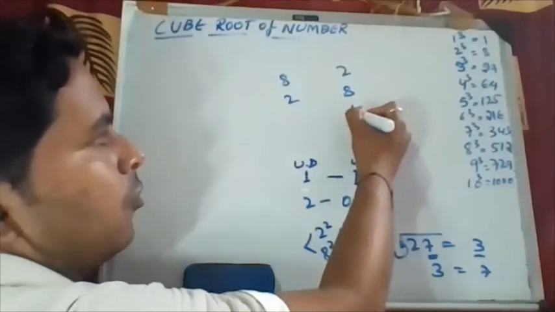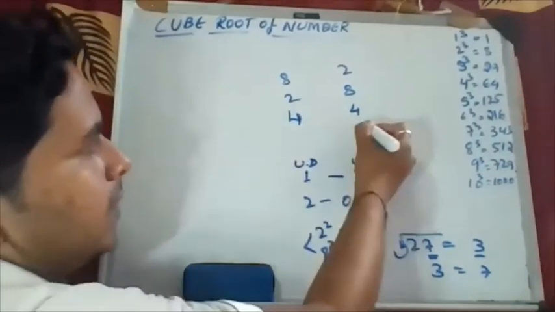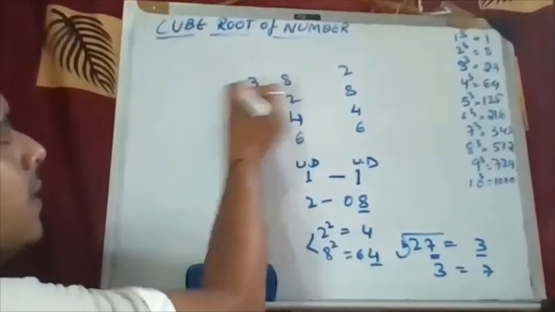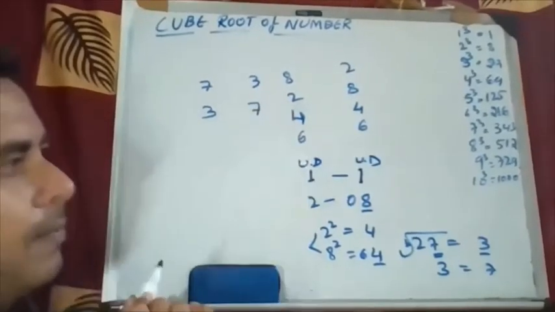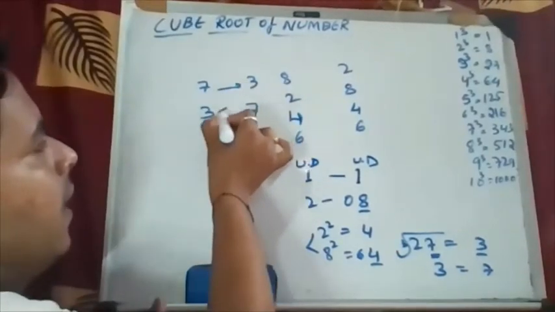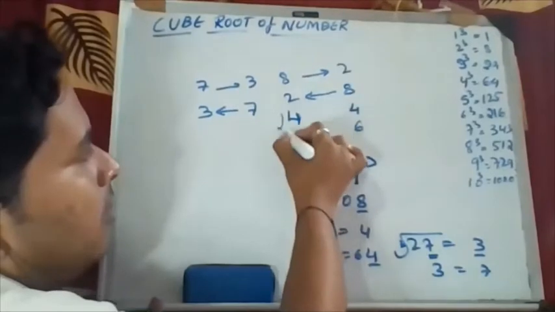Wherever 4 is there, you'll get 4 only, and wherever 6 is there, you'll get 6 only. Only 7 to 3, 3 to 7, 8 to 2 and 2 to 8. The rest you'll get as it is.